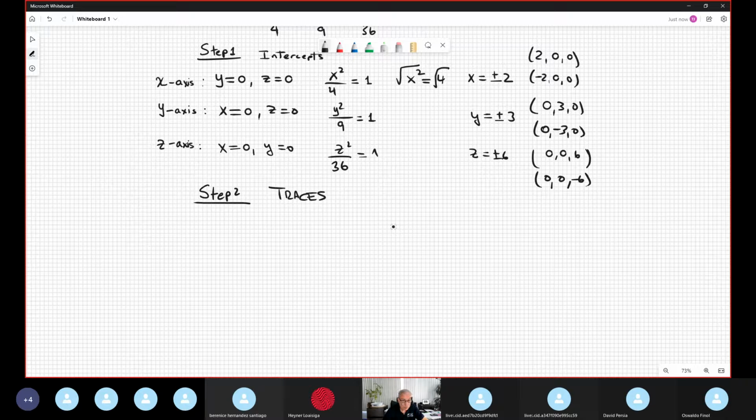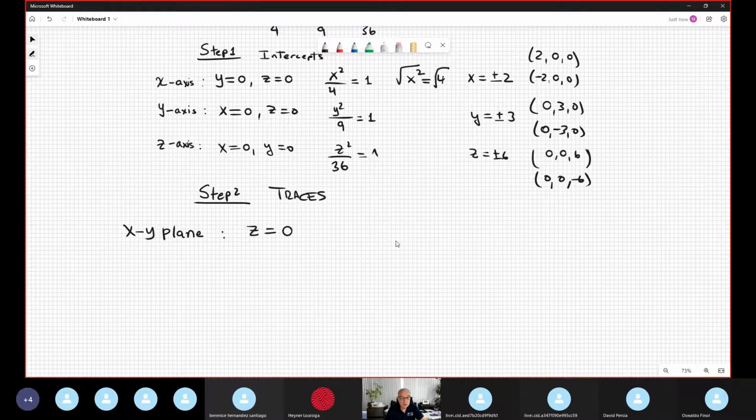For example, I want to create a plane in the XY plane. I think about the z plane, and you are doing that plane with z equals 0.